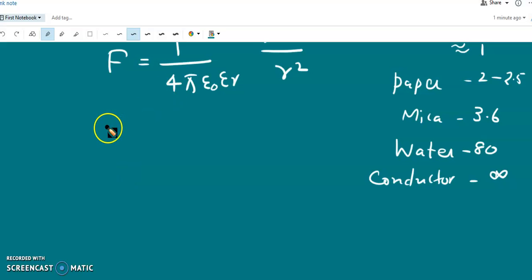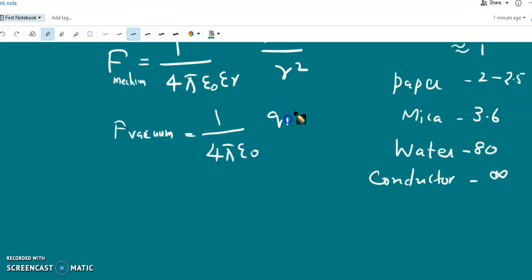So this is the force in vacuum, and this is the force in a particular medium. So this is 1 by 4 pi epsilon 0 q1 q2 by r square.